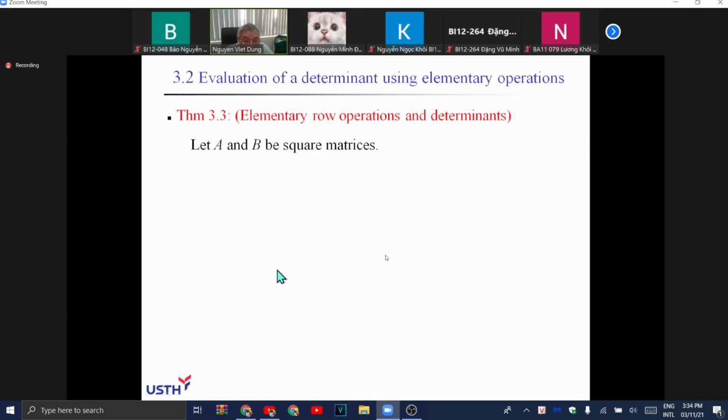Suppose that A and B are two square matrices, and if B is obtained from A by applying Aij, then the determinant of B equals minus the determinant of A. We can say that in a square matrix A, if we exchange two rows, then the determinant will be changed by sign.